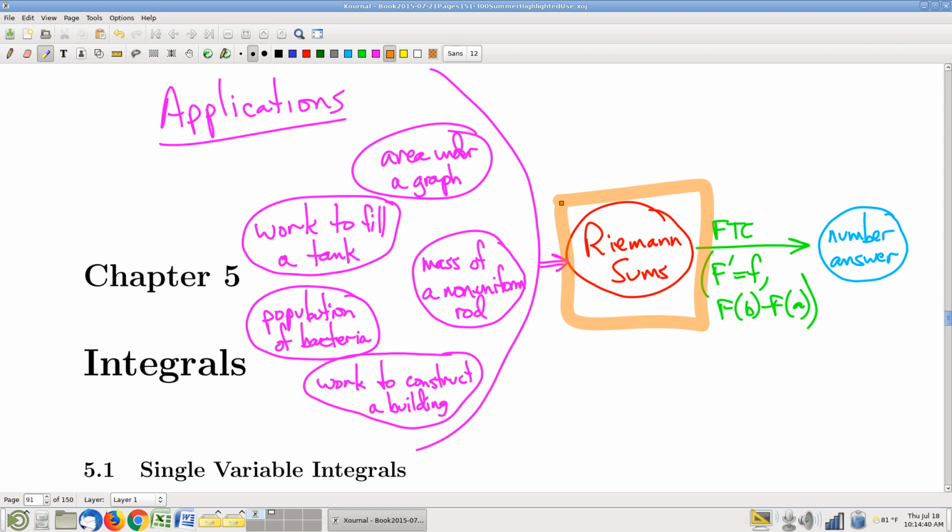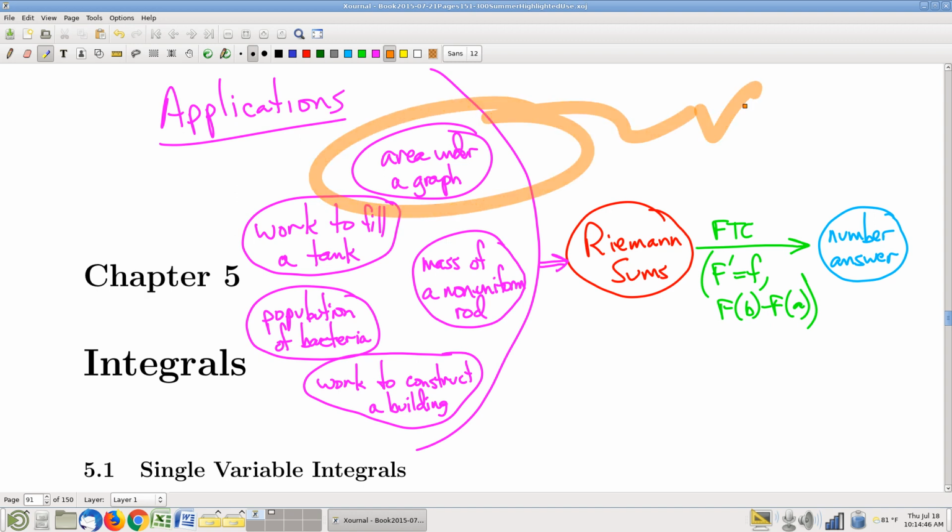But a lot of students like to think of integrals as area. This is the way to think about integrals? I'm going to put a question mark next to that, because that's not a good idea. Let's think of integrals as being areas, which makes life easier.